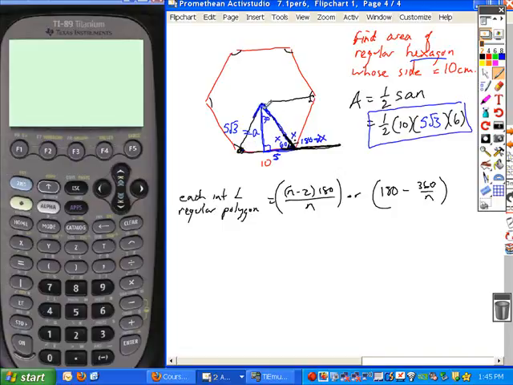What's this other angle, this vertex angle, going to be? Well, in this case, exactly 60, but let's say in terms of x, what's the total sum of those three angles? 180. So this angle is going to be 180 minus 2x. So what do you notice about the vertex angle of your reference triangle compared to the exterior angle of your regular polygon? They're exactly the same. So you can use this to help guide your work as well, and I'll show you how in just a second.